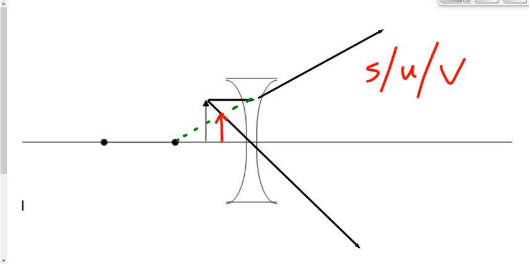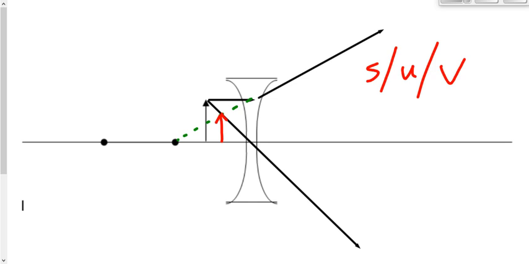There's some patterns that are starting to form here. Okay, some people, to be honest, will remember those patterns as opposed to choosing to draw ray diagrams. You're never on a test going to have to draw a ray diagram. We draw ray diagrams so that we can get characteristics. But some people are going to start recognizing patterns. Like for instance, if you have a diverging lens, it will always be the same characteristics.